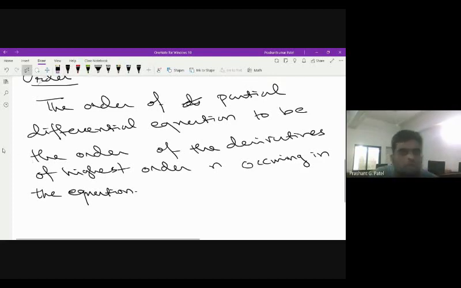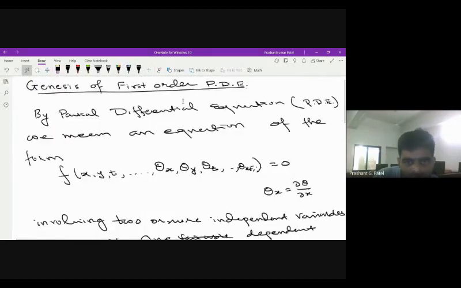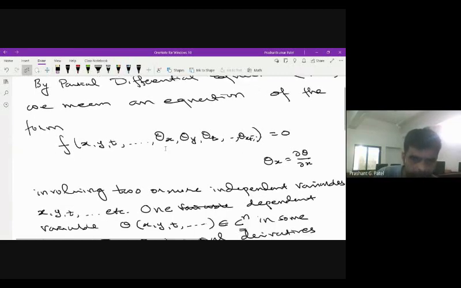So here the title is the genesis of first order partial differential equations. The order means we are talking about partial differential equations which involve only first order derivatives.